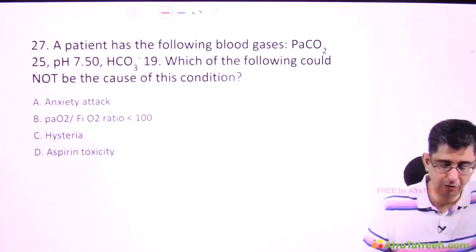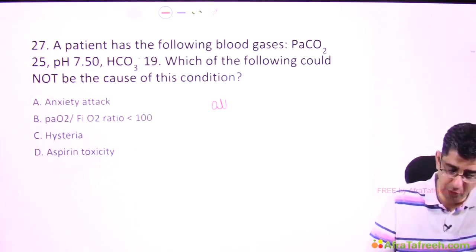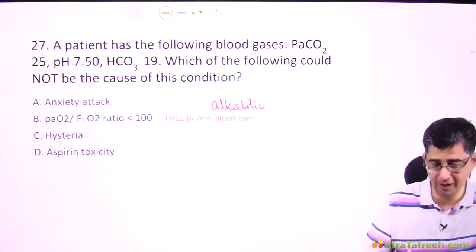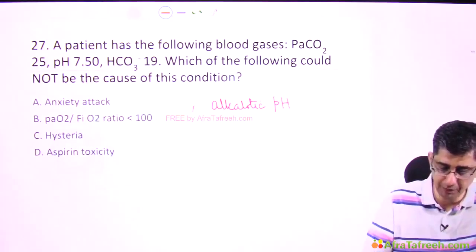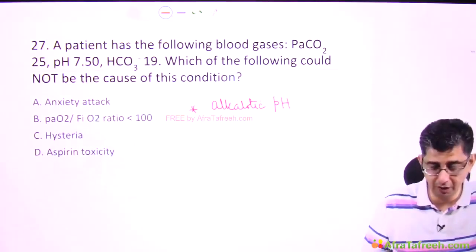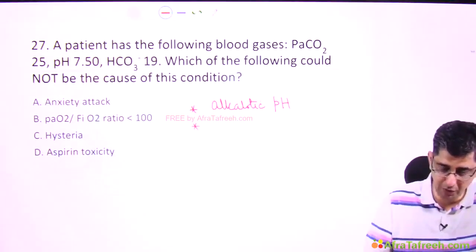A patient is having the following blood gases with a pH of 7.50. Even if PCO2 is given first in the question, you should avoid reading PCO2 first because you will tend to get a bias. First read pH, and that would be an alkalotic pH present in the patient. Now, considering that he is having an alkalotic pH, you are noticing that there is a low PCO2.